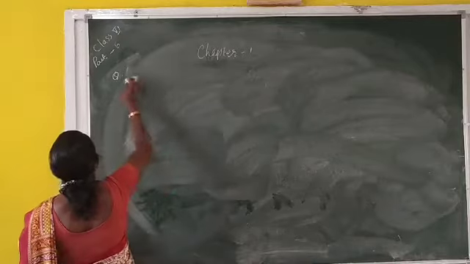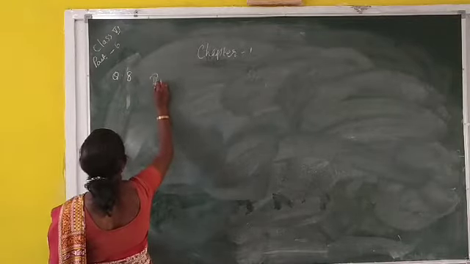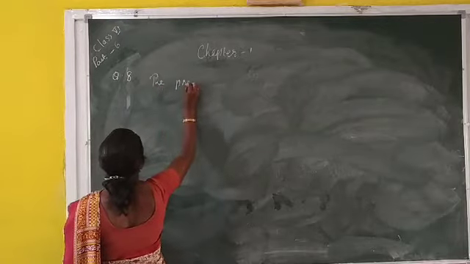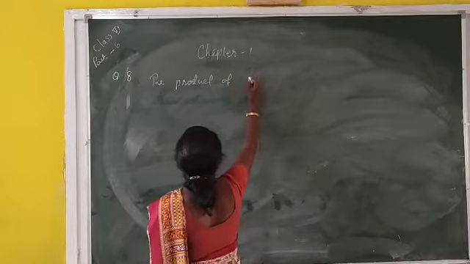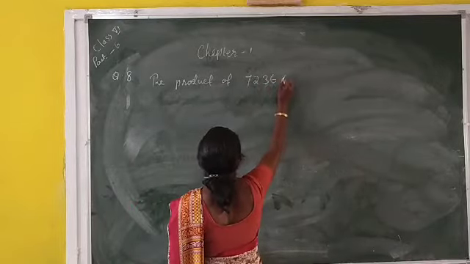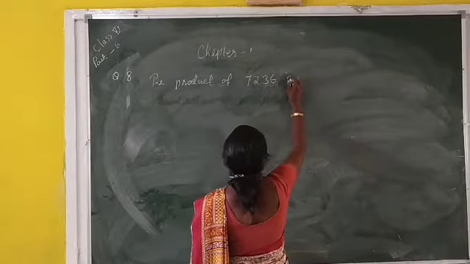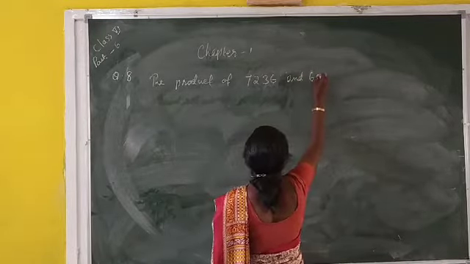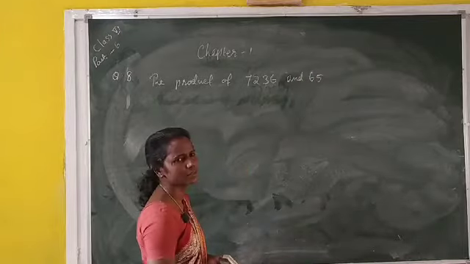Question number 8. First we find out the product of 7236 and 65.